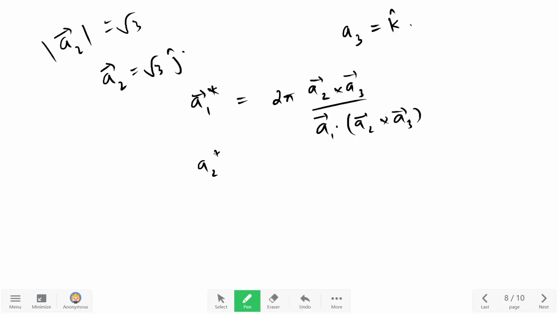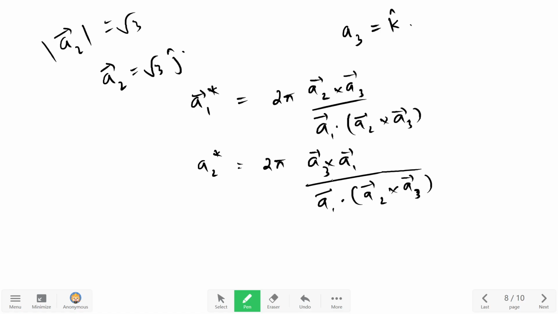A2 star is given by 2 pi times A3 cross A1 divided by A1 dot A2 cross A3. Now it is only a matter of substitution. You have to put each of these vectors A2, A3, A1 and find out.